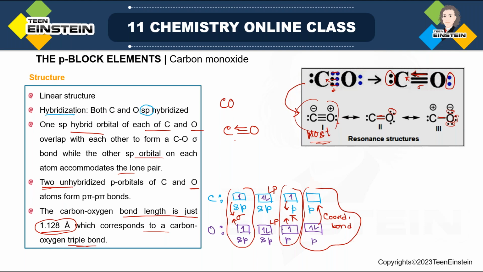And here one more important property of CO is that it can act as Lewis base. It can act as Lewis base because of this lone pair that is present over carbon. So this lone pair can be donated. And it forms complexes with metals, mainly the transition metals, like nickel, copper.